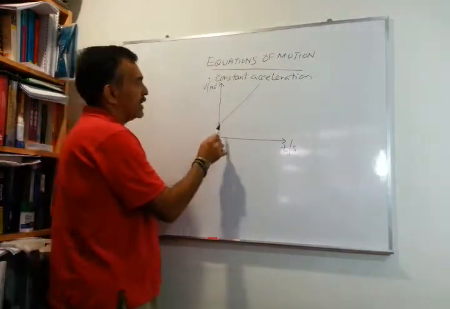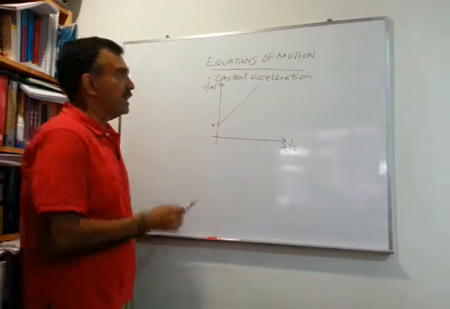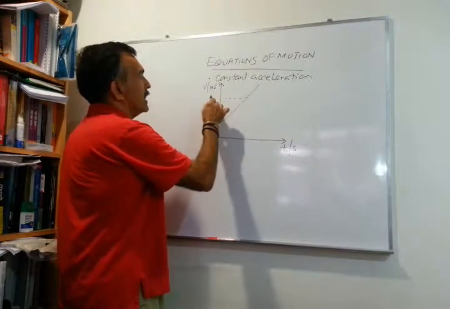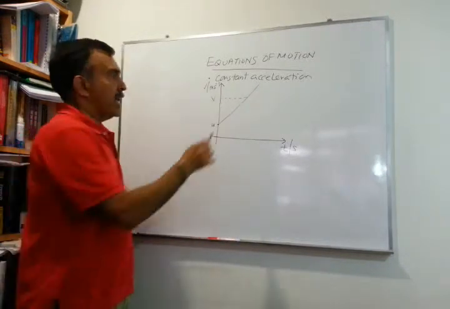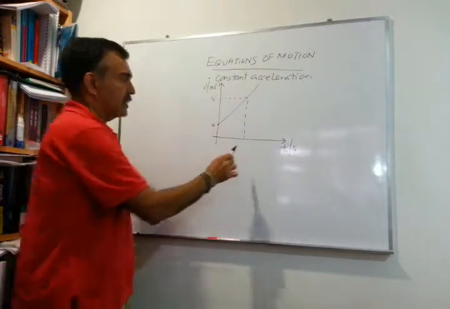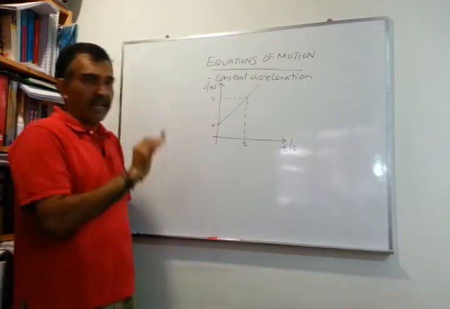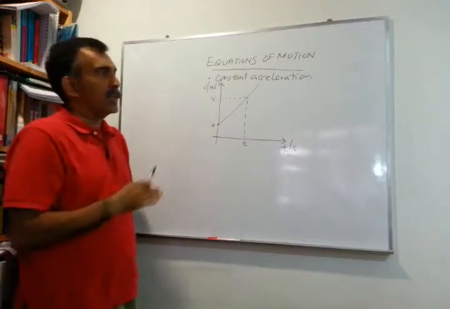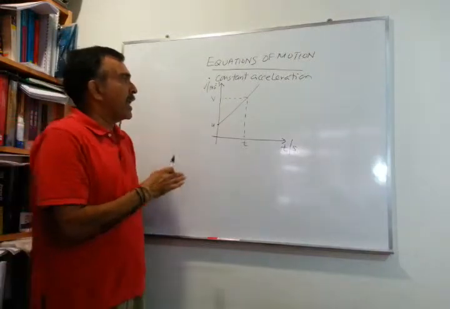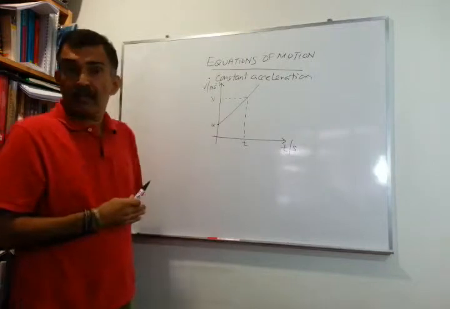So let's say our initial velocity is u, and let's say our final velocity is v, and let's say our time of travel is t seconds.